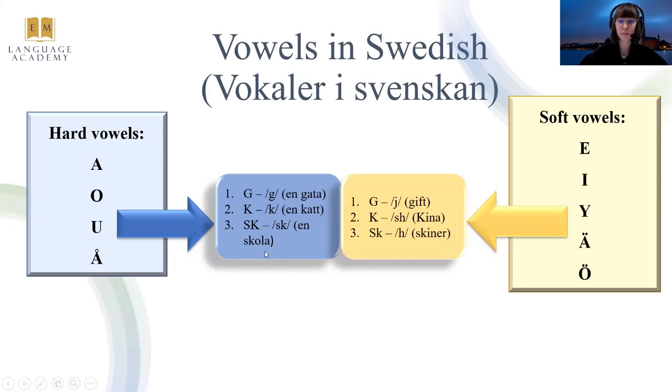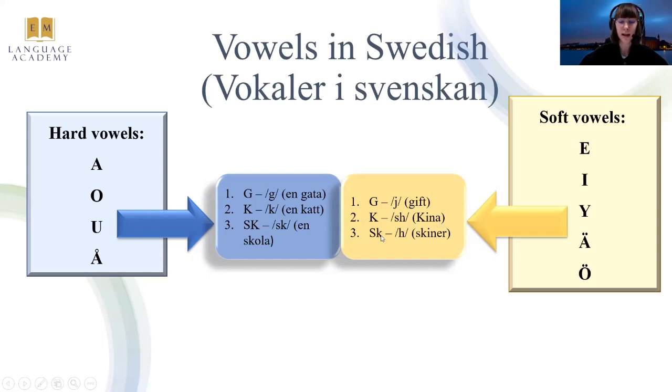In skola, a school. Now, let's take a look what happens when these letters, G, K, and the combination of SK, stand in front of a soft vowel. For example, soft vowel I. For example, gift. Gift. What do we have? We have a change in sound, the letter G changes into sound Y, right? Gift. Then the letter K changes into sound sh, as in Kina or China, Kina.